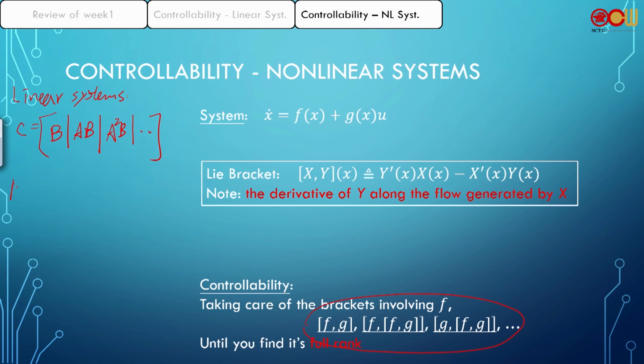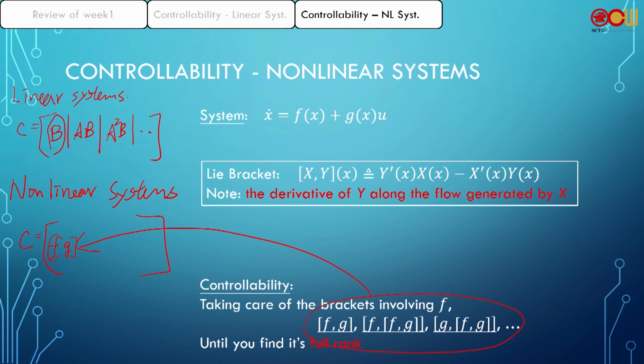And in the nonlinear systems, the matrix to be evaluated will be this, right? So now we do a column-wise comparison. So compared to B here, we put F, G, D squared, lie bracket FG, right?